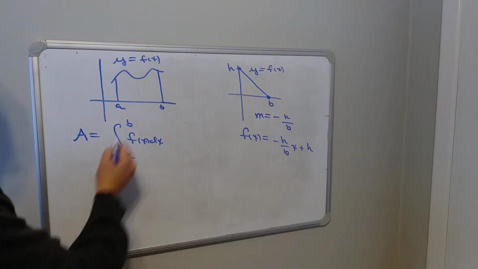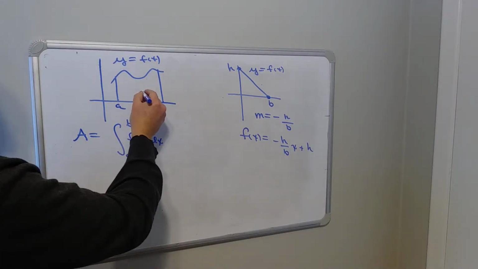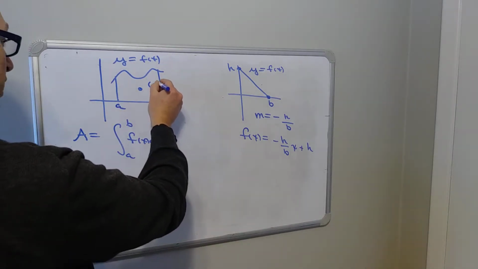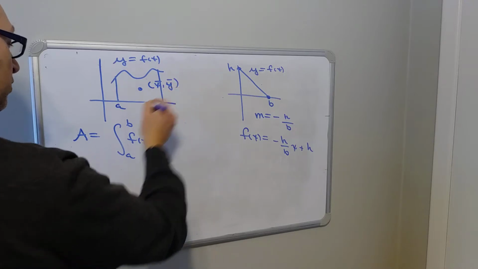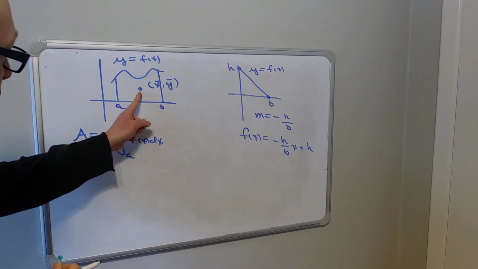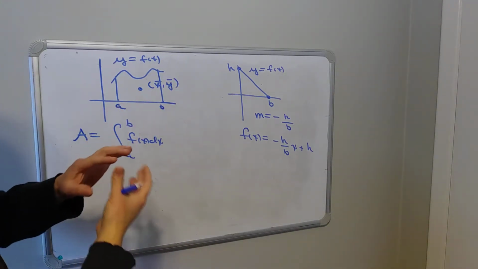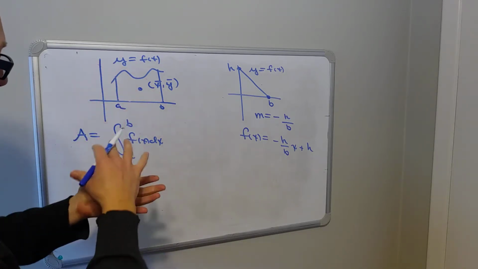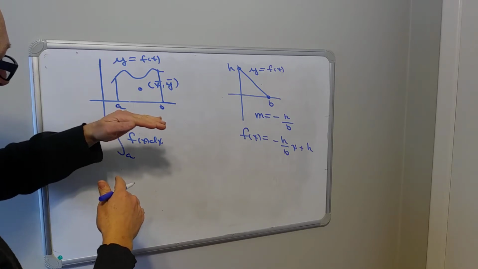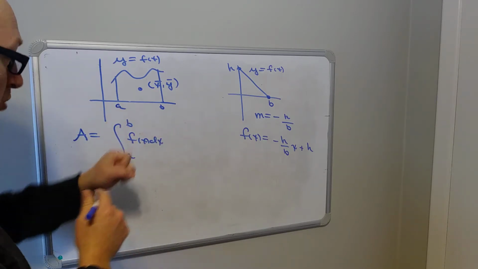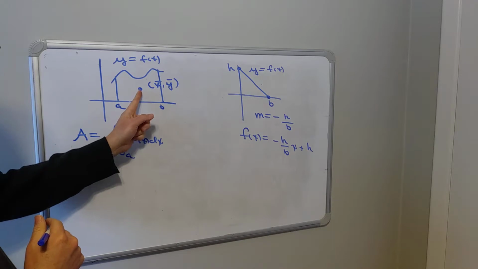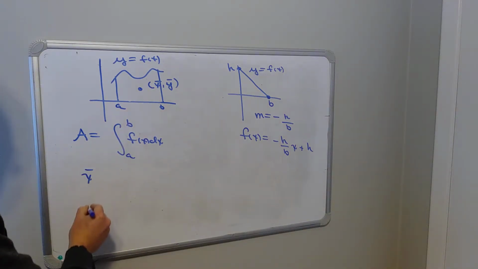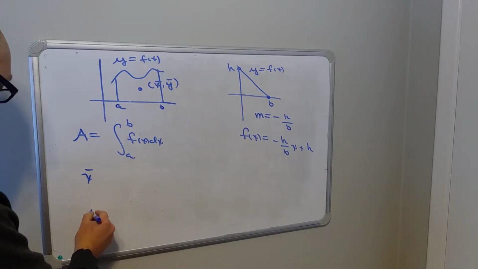Now, the centroid is somewhere around here, and let's give it coordinates x bar, y bar. Think of this as the balance point. If you wanted to balance this, and this was a steel plate, where would you balance it so that if you laid it horizontal, it would be static, it would not move? Well, that's called the centroid. So what we need is the x-coordinate of the centroid and the y-coordinate of the centroid.